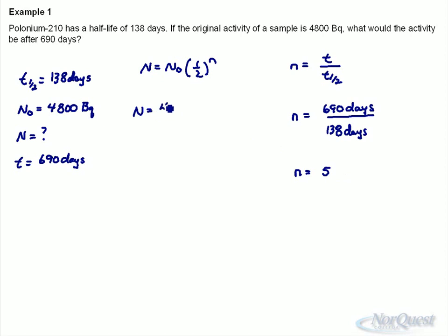N equals 4,800 times 1/2 to the power 5. Make sure you punch this in on your calculator correctly. 4,800, and I bracket the 1/2, and I raise to the power 5. So I use that hat symbol on my calculator and put in a 5.